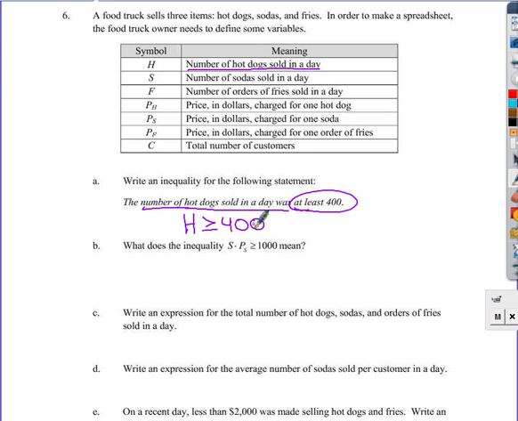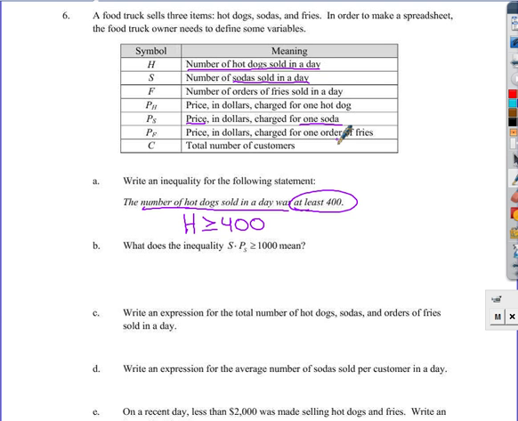The next problem: what does the inequality S times P sub S is greater than or equal to 1,000 mean? Well, I know S means the number of sodas sold in a day. And P sub S means the price for one soda.